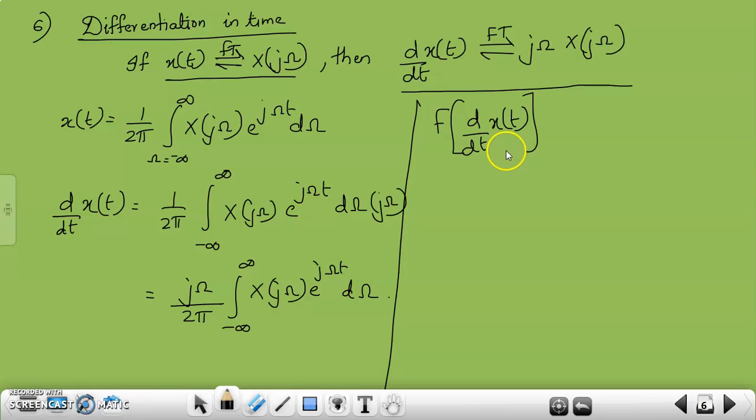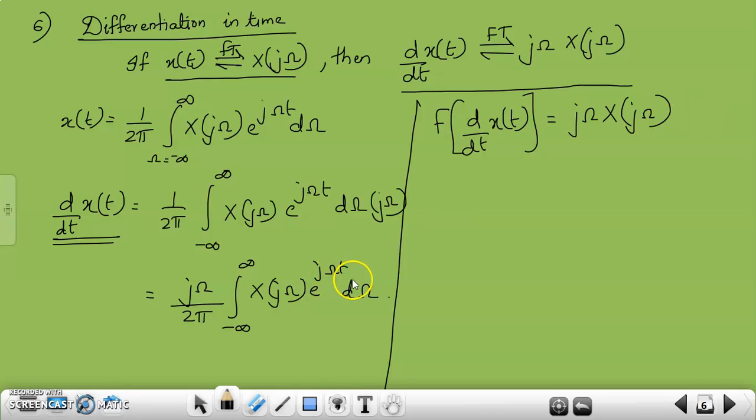Actually, this d by dt of x of t is j omega by 2 pi into the integral of x of j omega e raised to j omega t d omega. If I am taking the Fourier transform of this, I will be getting j omega into x of j omega.